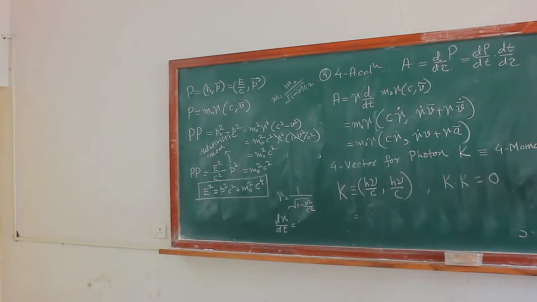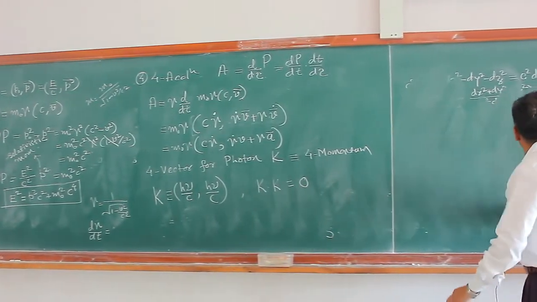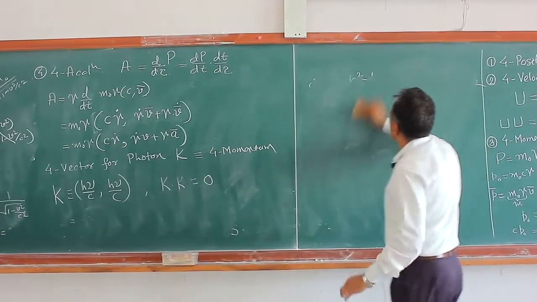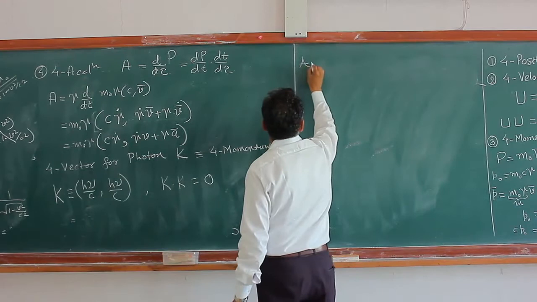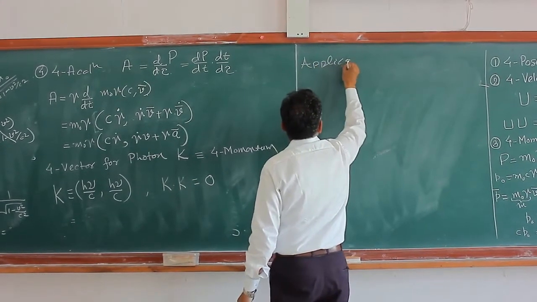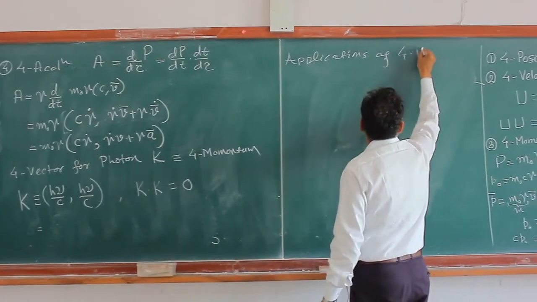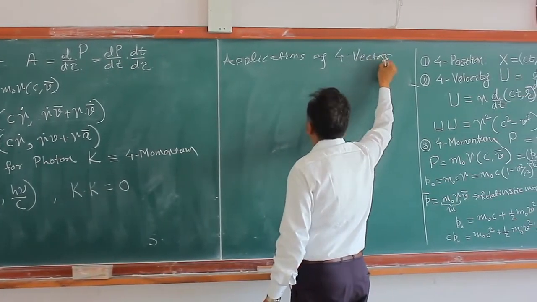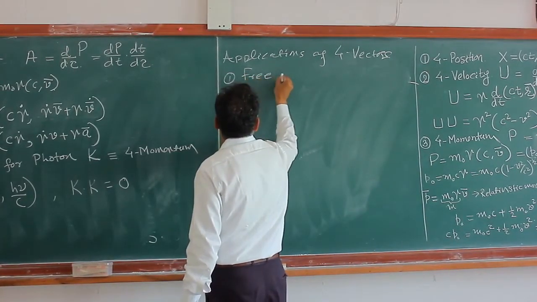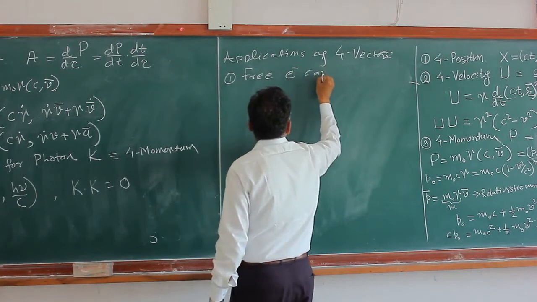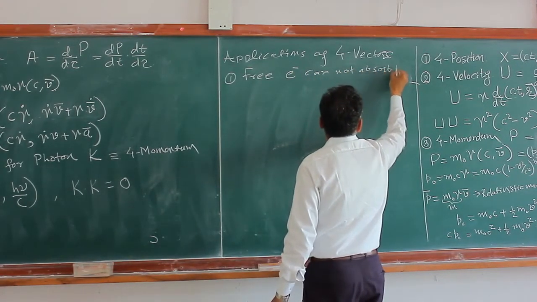So the first application I would like to discuss, applications of 4 vectors. The first application is that a free electron cannot absorb a photon.